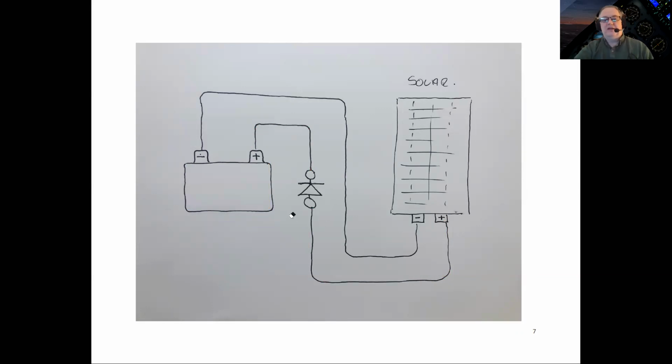So you can see that it's forward biased with respect to the solar collector and reverse biased with respect to basically your storage medium.